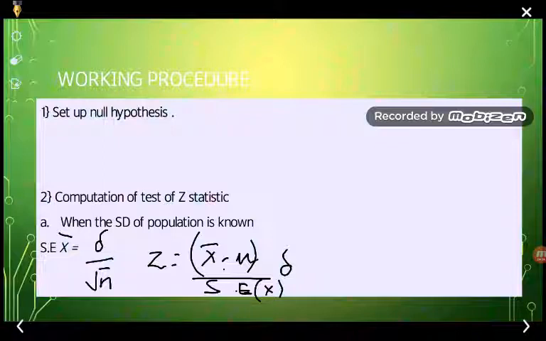In one, the SD is given. When the standard deviation of the population is known, we apply the formula SE of X bar, the standard error of X bar, equals sigma by root n.